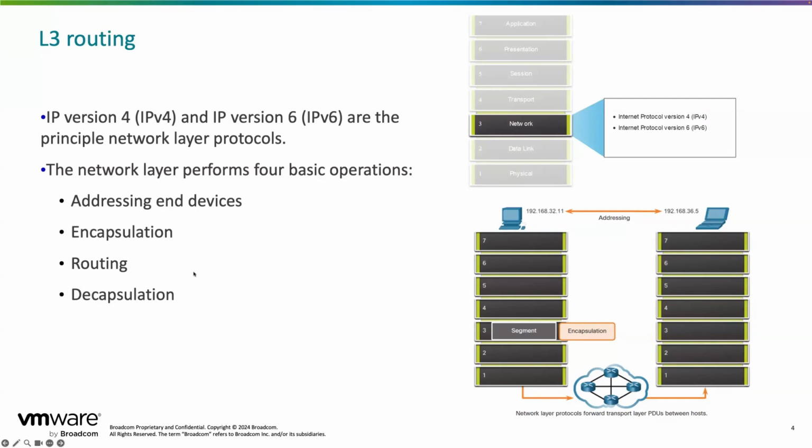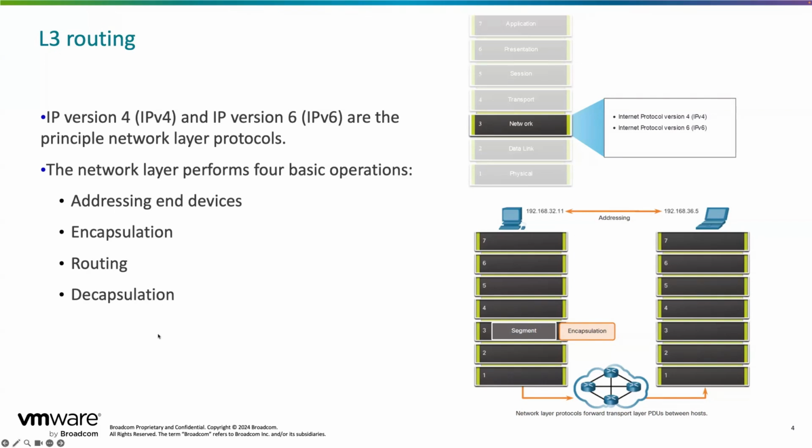For layer 3, we have four operations. Addressing, because we have to put all of the endpoints, clients or servers, all the services, into different IP subnets. So we call this process addressing or subnetting.